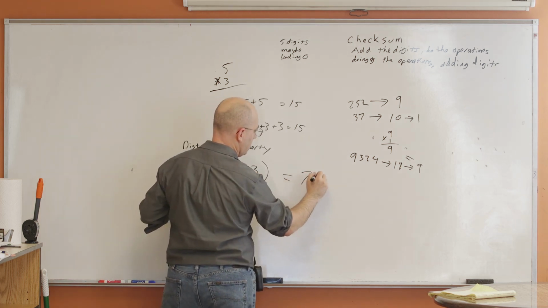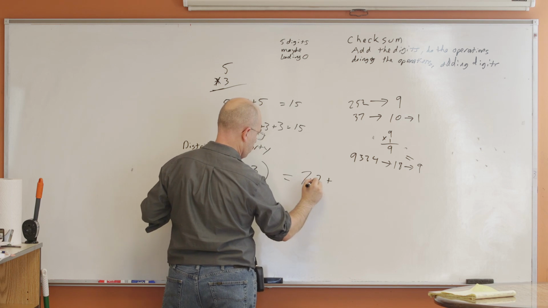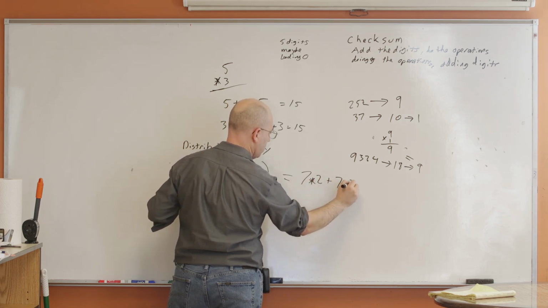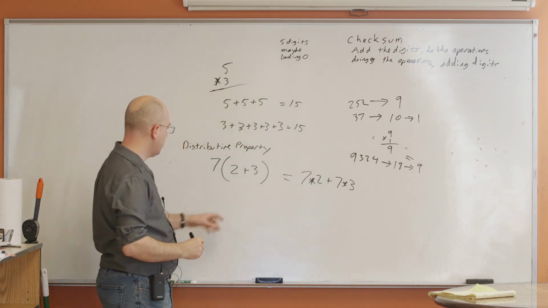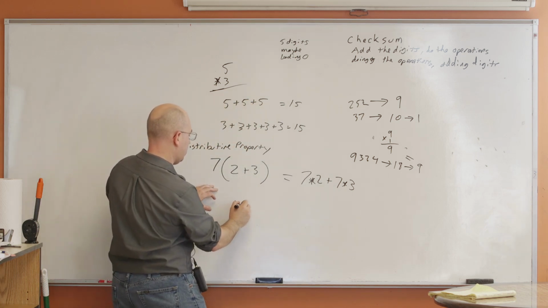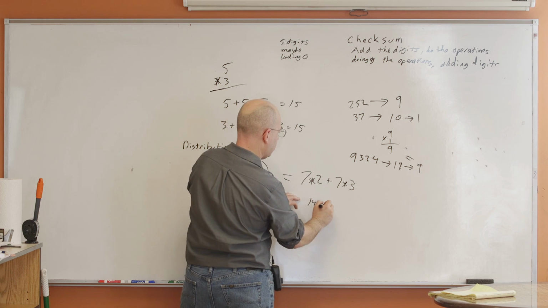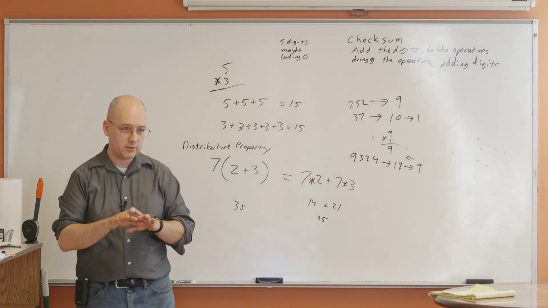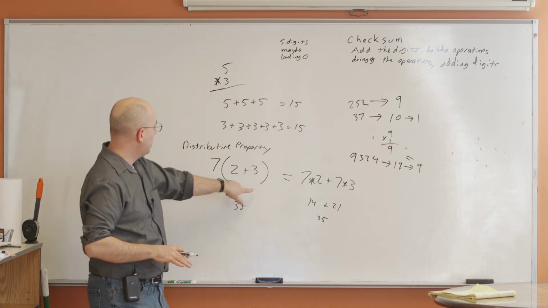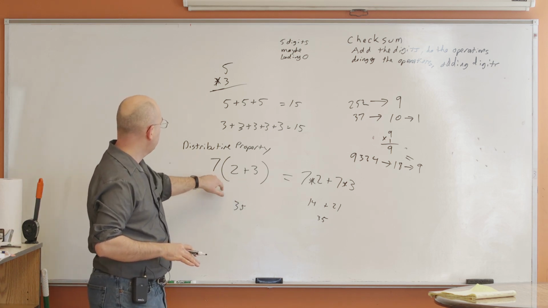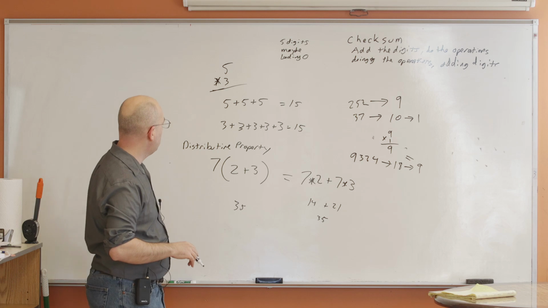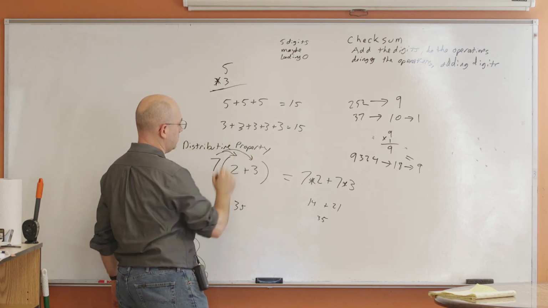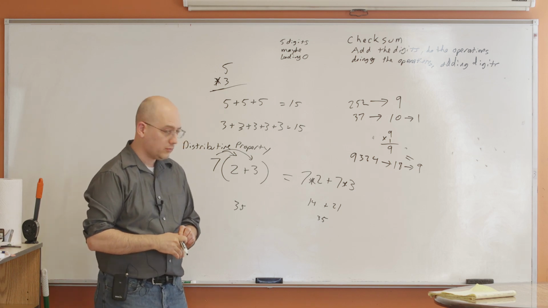So, 5 times 7 is 35. Here it's 14 plus 21, or 35. So that's the crucial property. When you've got a sum being multiplied by something, you can distribute it. Just like that.